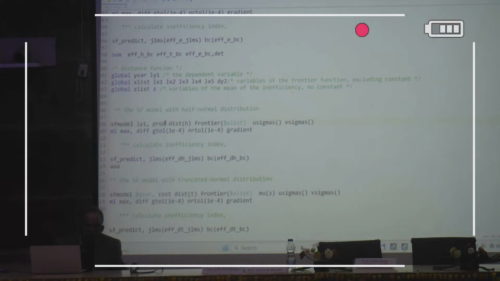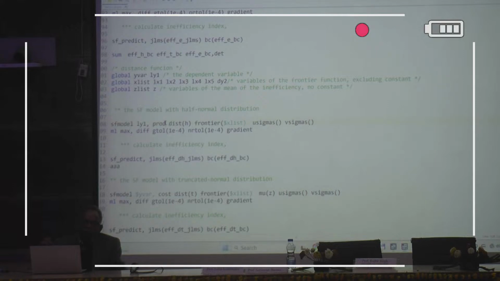Because now this is an input distance function, and why will there be a plus sign? Because if there is inefficiency, your input use is going to be more than what is needed. Right? What is the minimum? That's the intuition for putting a plus: in an input distance function, your input is on the left hand side, so the inputs are going to be used more than the minimum amount that you need to produce the given level of output.